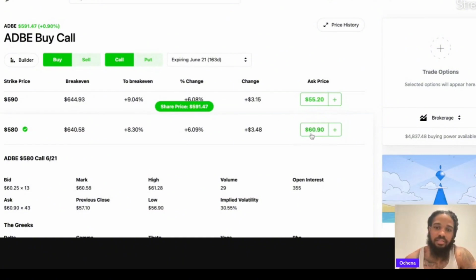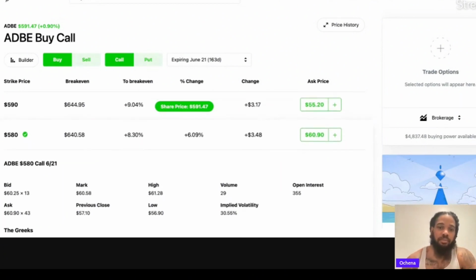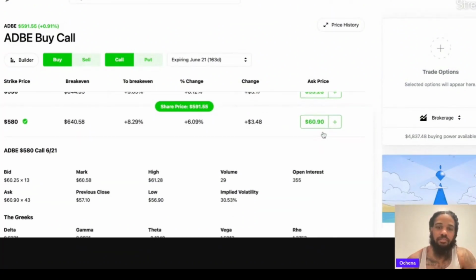So this number times 100 shares would be $6,090. Remember, you have the right but not the obligation to buy or sell 100 shares of stock. So this is times 100, and that's why it's going to be $6,090 for this.